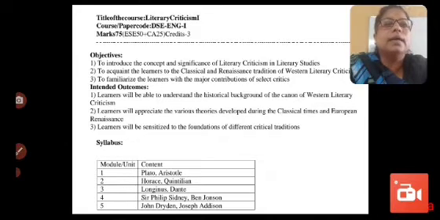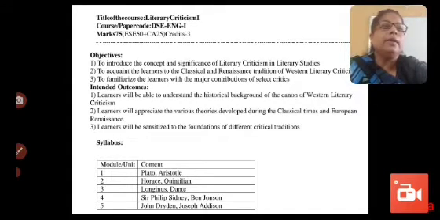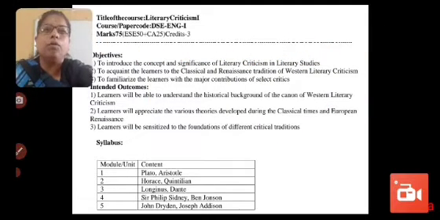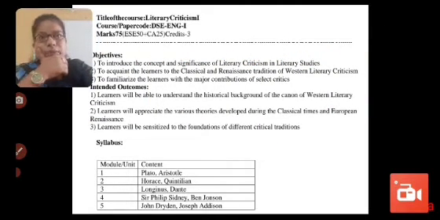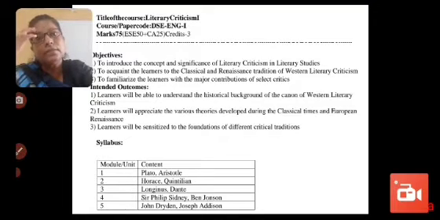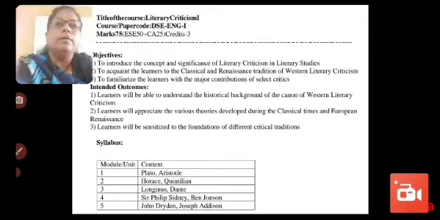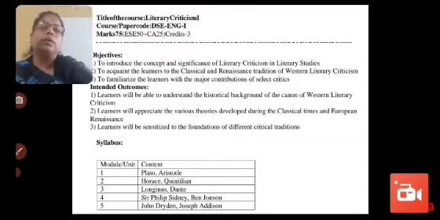And the next phrase here is literary criticism. Literary criticism is the criticism of literature. What is criticism? Criticism is evaluation. Criticism is assessment. Criticism is the thorough study with the help of some thoughts, some principles laid by the well-known critics.